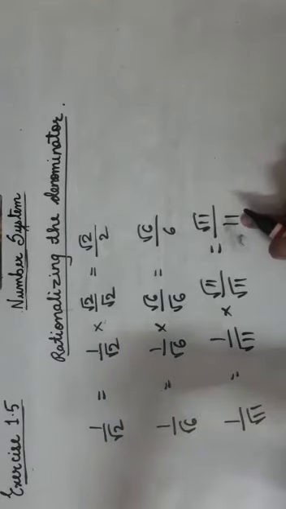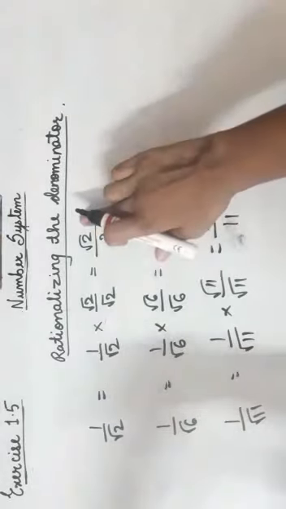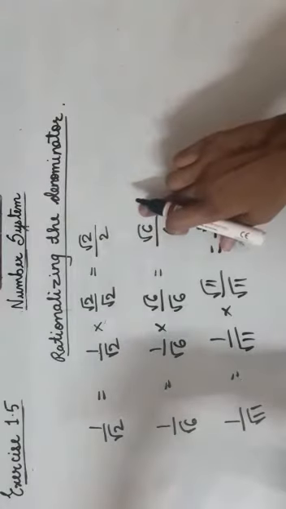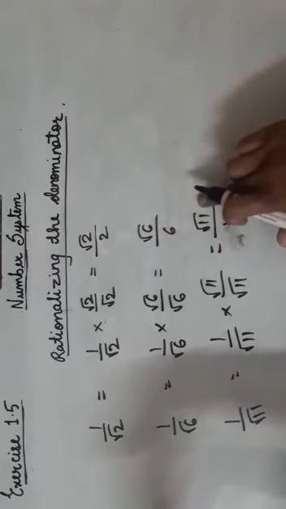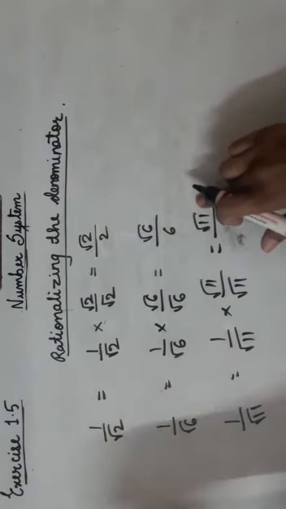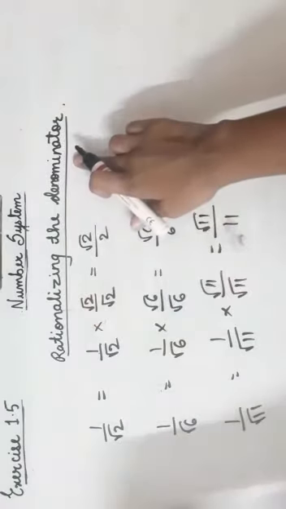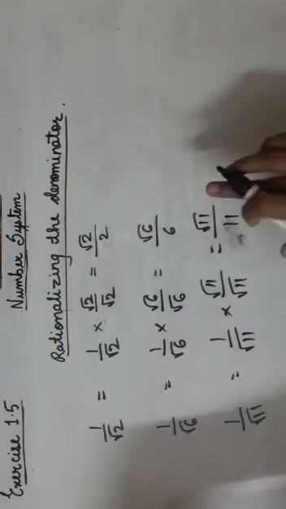Now you will say, ma'am, in numerator there is root 2. In numerator root 6 is there. Here in numerator root 11 is there. But we are not considering the numerators, right? We are not bothered about what is coming in numerator, because what is the question? Rationalize denominator. And while rationalizing, every time in your numerator an irrational number will come.